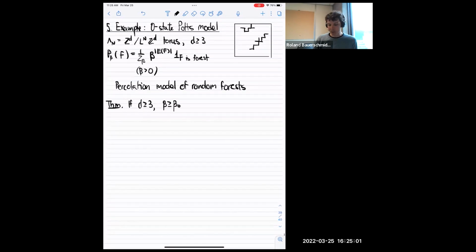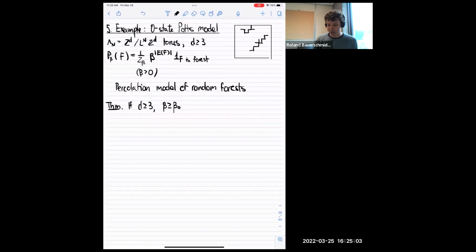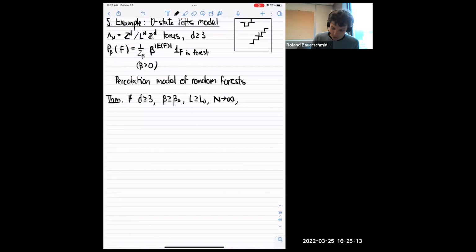Where the renormalization group plays a role is the low temperature case when beta is large. So in this case, in 3 dimensions or higher, what these methods can be used for is to show that say the percolation probability behaves like, well, the first term is a constant, theta of beta squared.